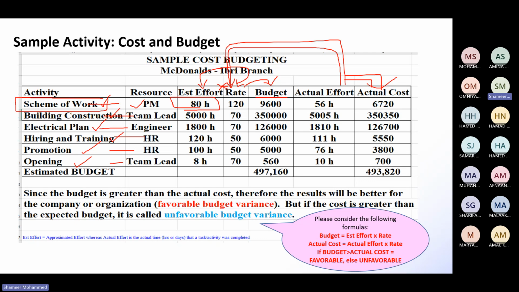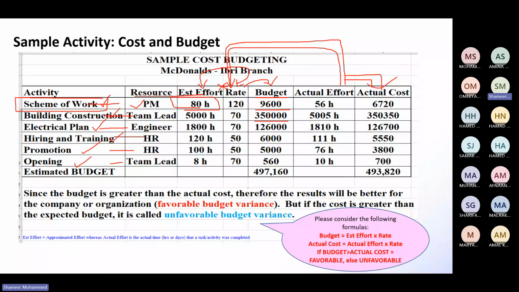And the rate for 1 hour is $120 or real. So you are working for 80 hours means 80 multiplied by 120. That will give you this much reals. 5,000 multiplied by 70, that will give you this much reals.